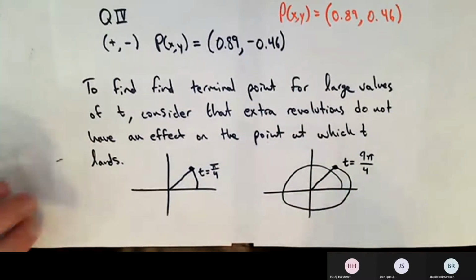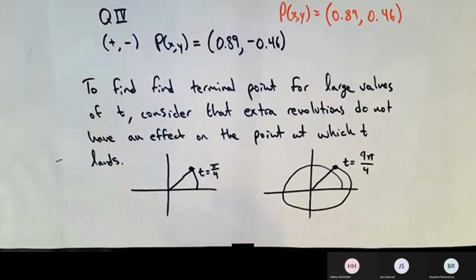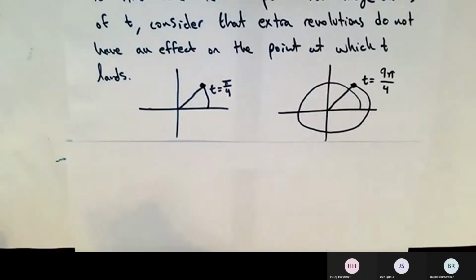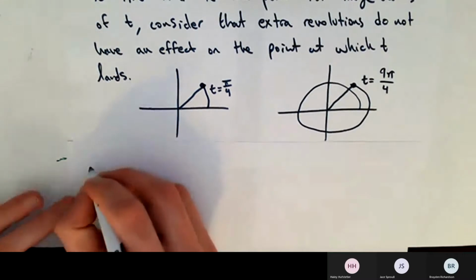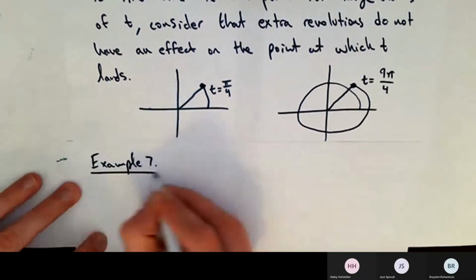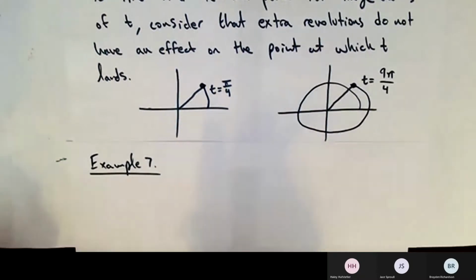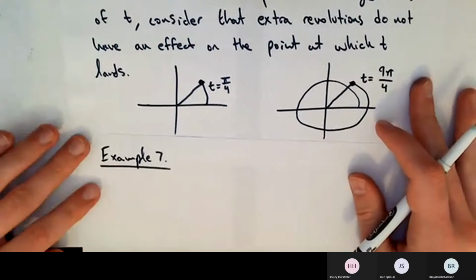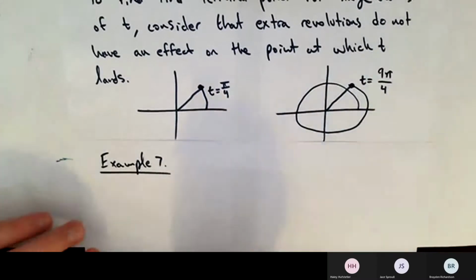These coordinate points are the same. Okay, so how are we going to use that? Well, example 7. This is just kind of an extra note about really large values for t that might be given in problems.